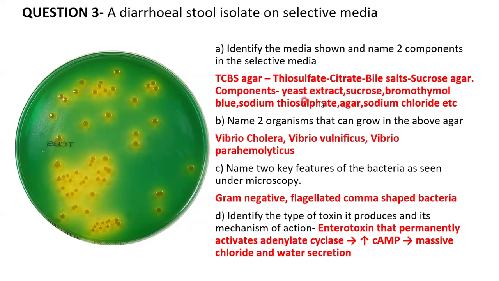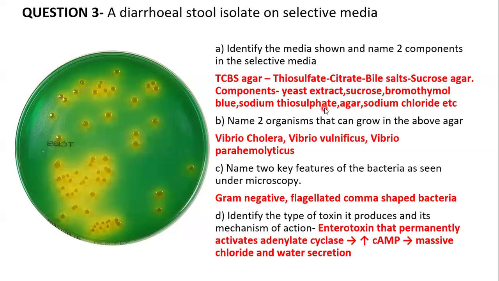Now, the function of thiosulfate here is it produces sulfur, okay? The production of sulfur here is used to detect hydrogen sulfide. You remember in the acid alkaline butt, we have H2S production.